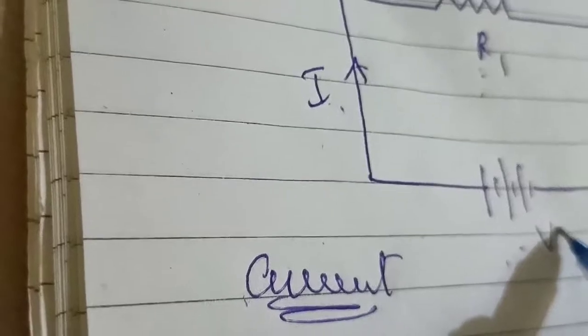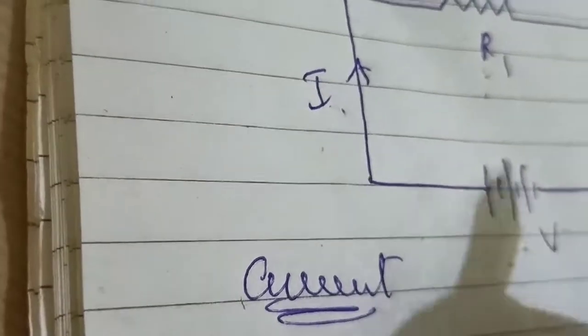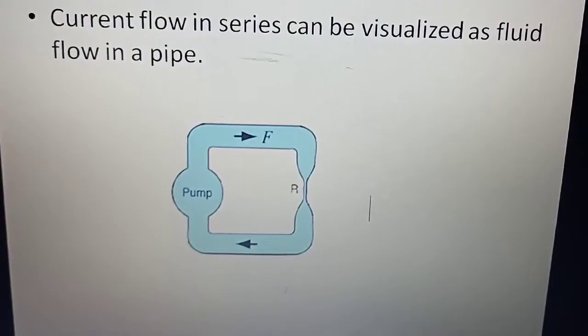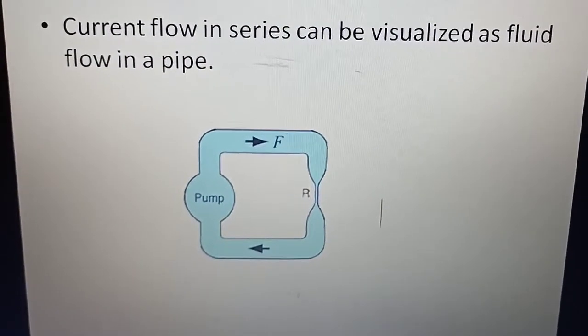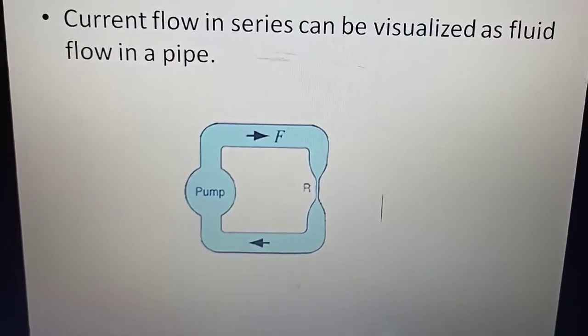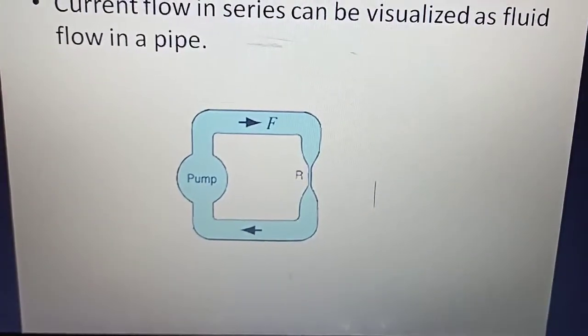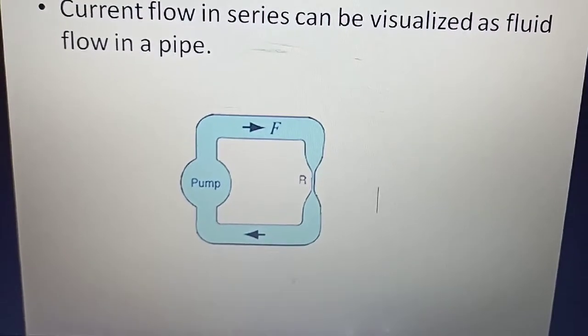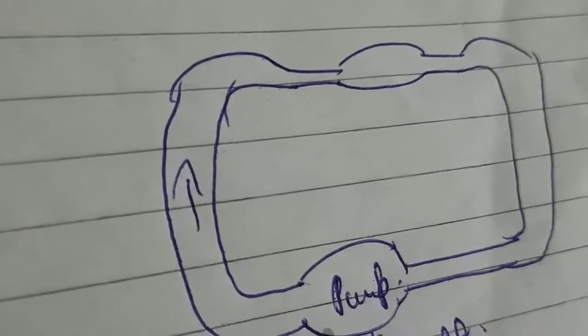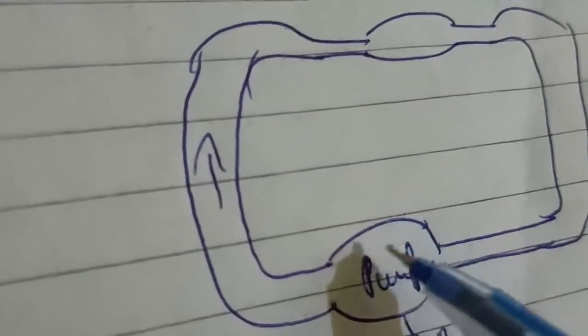What will happen? To understand this, let's take one more example. The current flow in series can be visualized as fluid flow in a pipe, where the water flows.